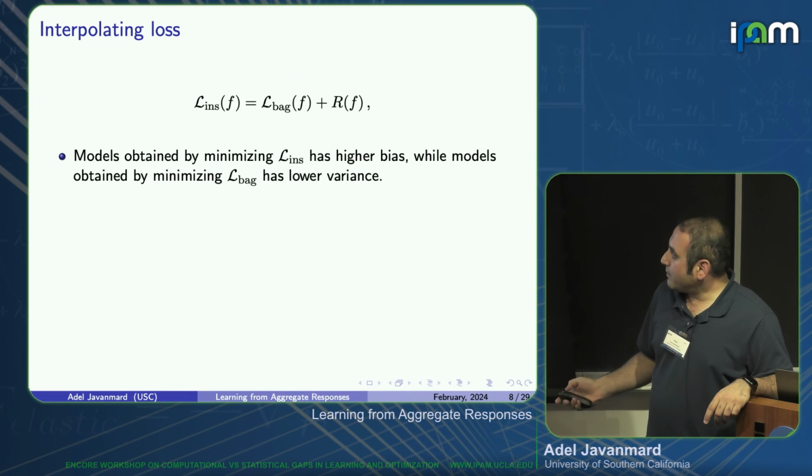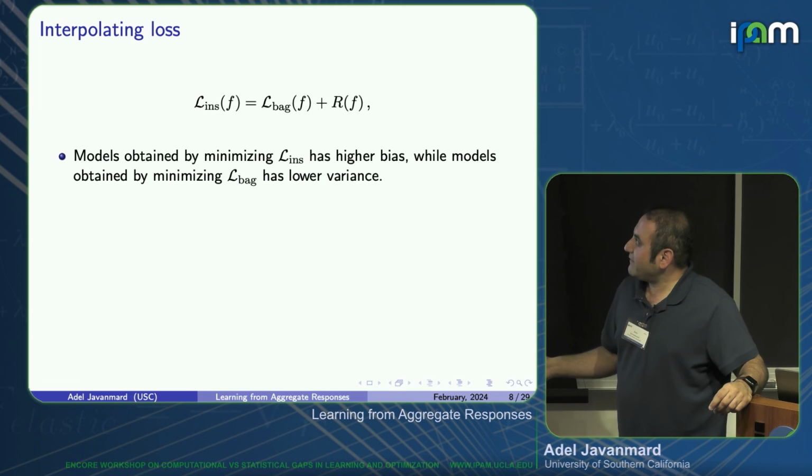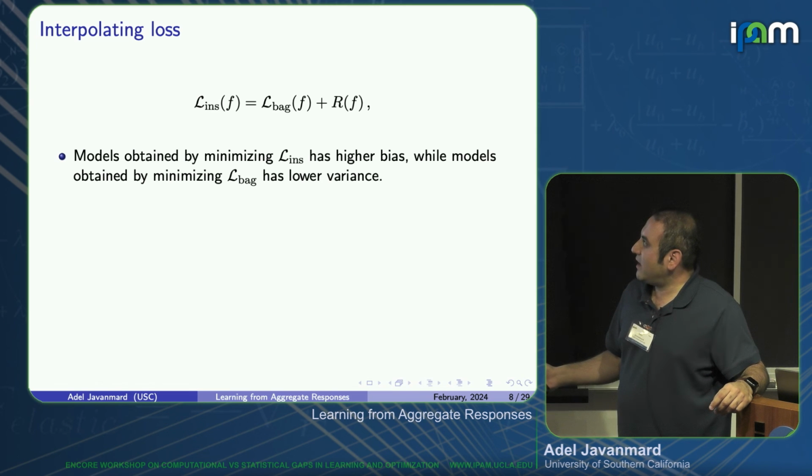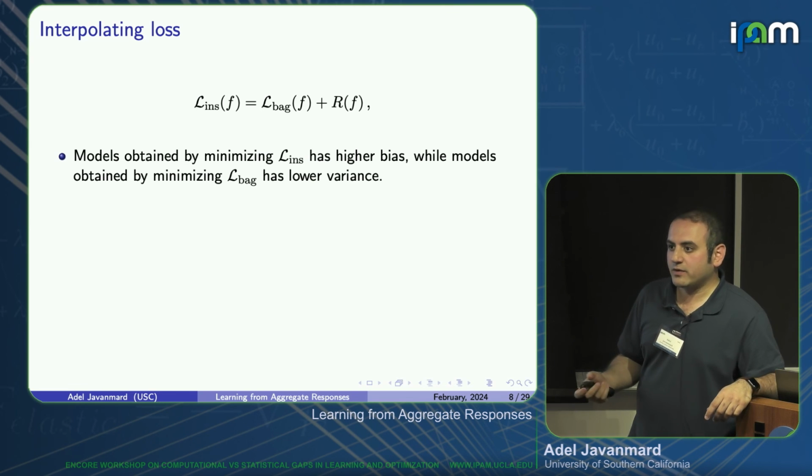Okay? But what would be the interpretation of this one? If you have a regularization term here, the first implication is that, if you try to learn a model by minimizing the instance level, because of this regularization, you probably have a bias. But you have more stability. So the variance of your estimator, the model, would be lower.